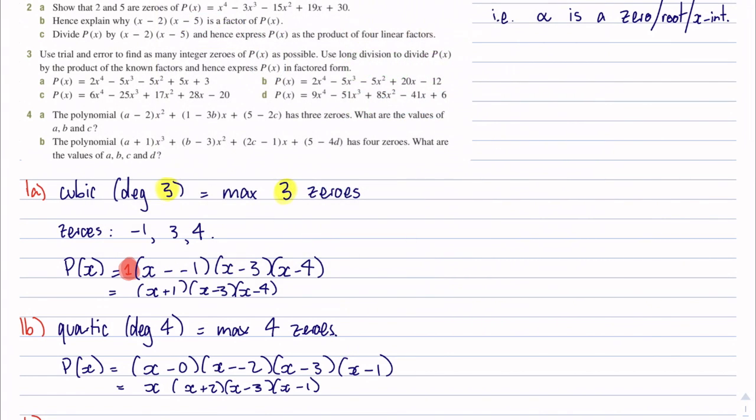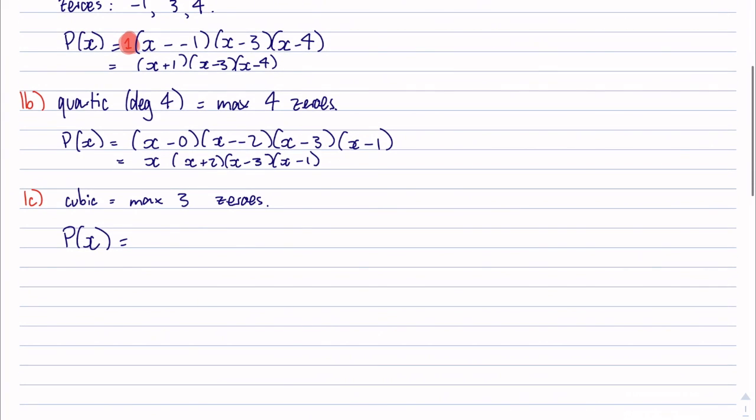They've given us some weird zeros. So that, again, it's a cubic, max 3 zeros, which they've given us. They've said the leading coefficient is 6. So we've got P of x equals, I don't know if you can see this, 6 outside of.